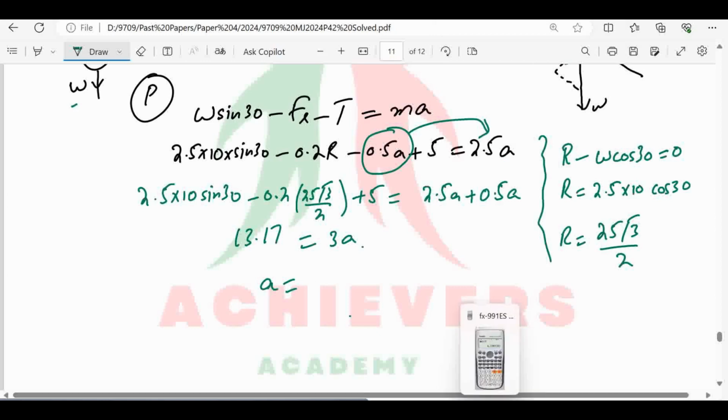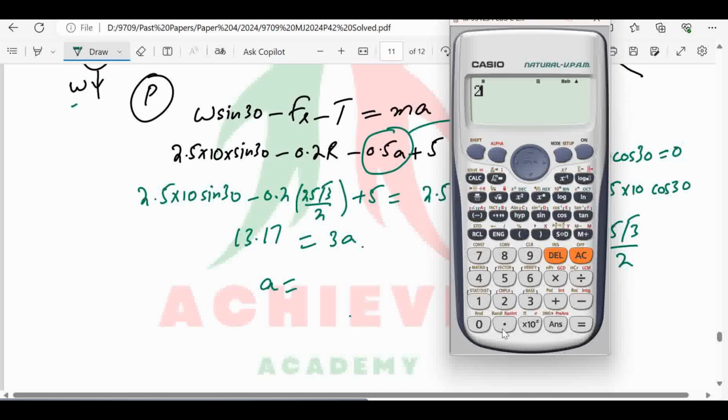Let me recheck the calculations. 2.5 multiplied by 10 multiplied by sine of 30, minus 0.2 multiplied by 25 square root of 3 divided by 2, then plus 5, this will be 13.16, divided by 3.